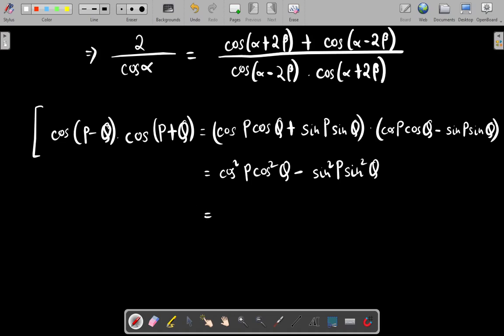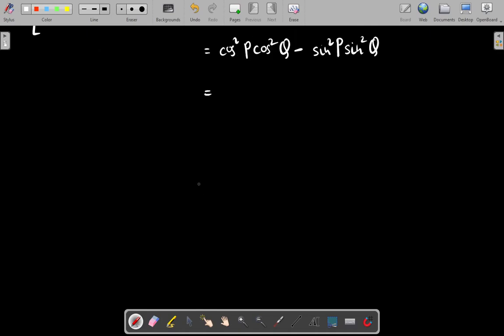Okay, so this can be further simplified. I can write cos square q as 1 minus sin square q, and similarly I can write sin square p as 1 minus cos square p, times sin square q.